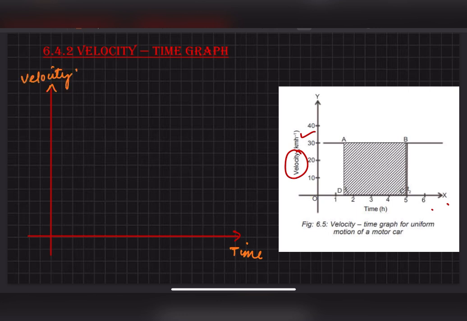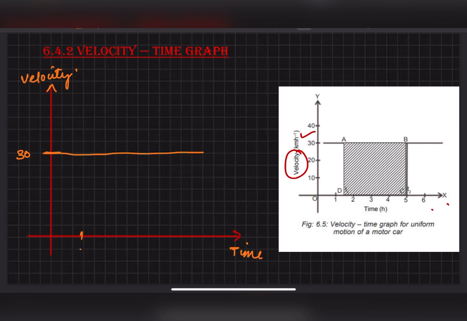So let's say velocity is fixed. Velocity is not changing. It is fixed at 30 kilometer per hour, always. Your vehicle speed is not changing.